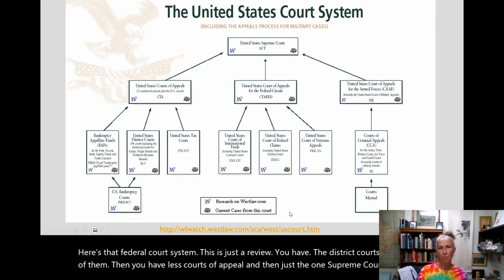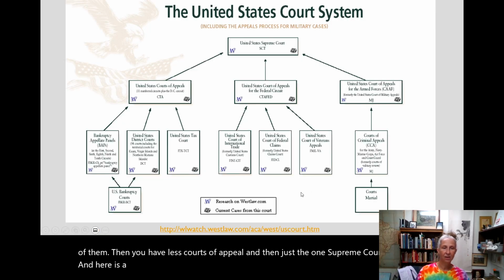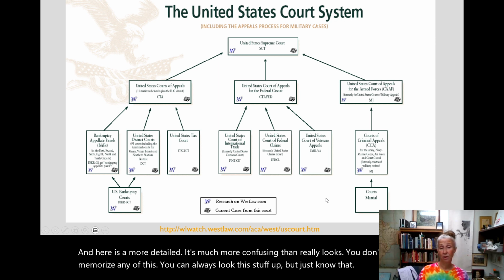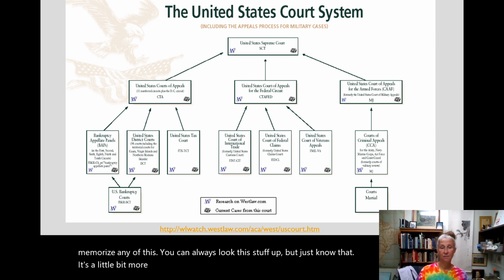And here's a more detailed one, it's much more confusing than it really looks. You don't have to memorize any of this. You can always look this stuff up, but just know that it's a little bit more confusing. I think this is a Westlaw slide. You can see the databases, like the U.S. Tax Court.